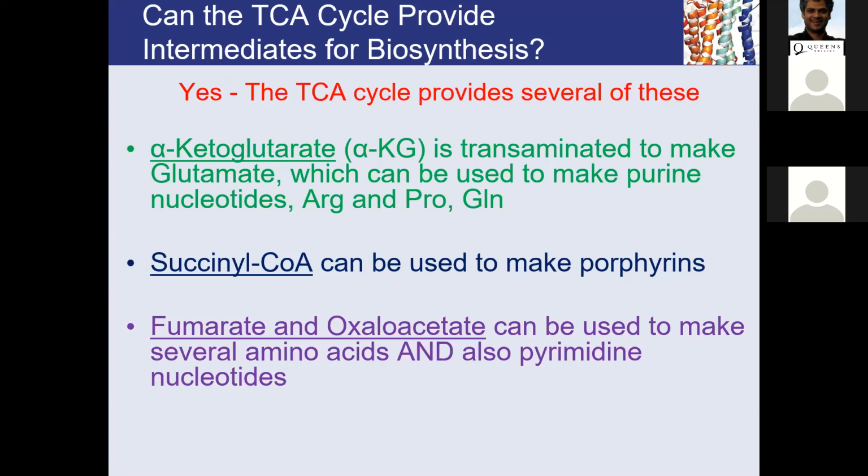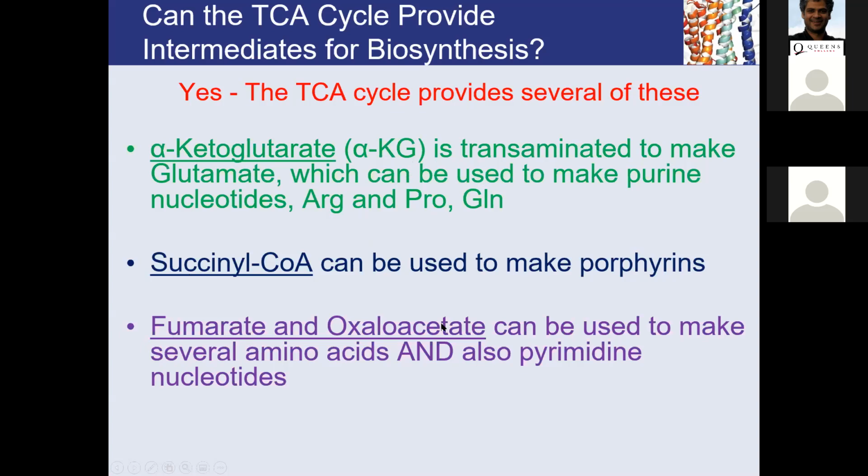People often ask, can the citric acid cycle provide intermediates for biosynthesis, for anabolic reactions? And the answer is yes, it does. Alpha-ketoglutarate, for example, can be transaminated to make glutamate, which can be utilized further to make purine nucleotides, arginine, proline, and glutamine, etc. Succinyl coenzyme A can be used to make porphyrins, in proteins that utilize heme.